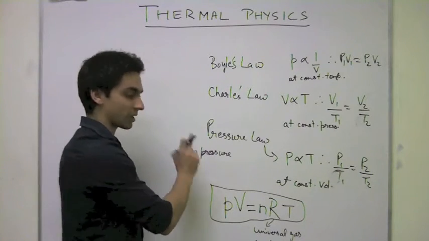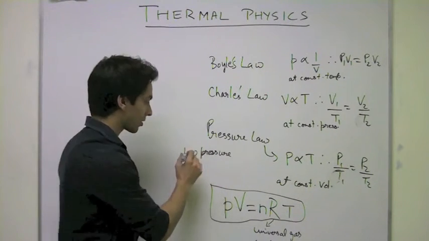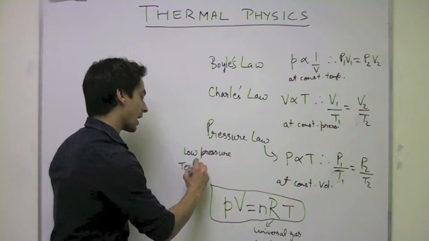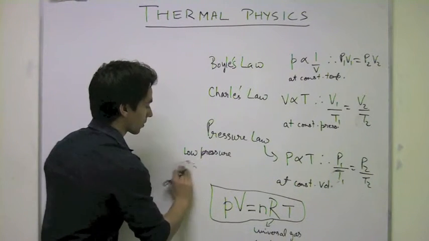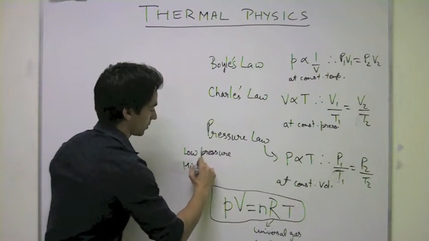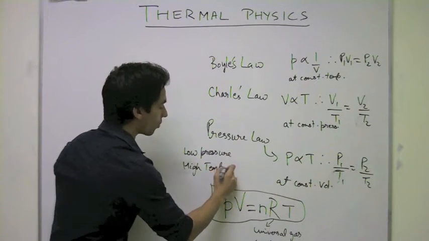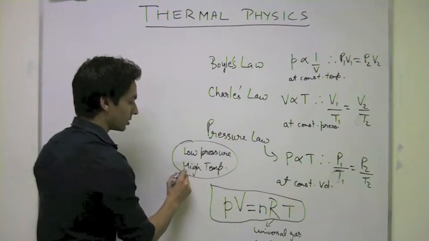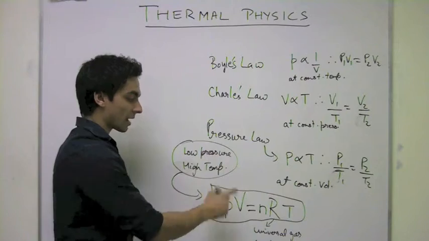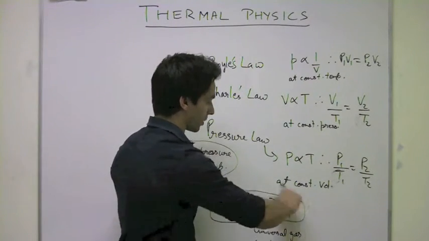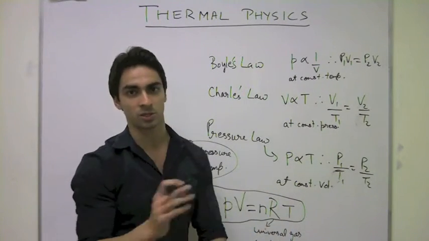Therefore real gases behave like ideal gases at low pressure and or high temperature. So at low pressure and high temperature real gases would follow this, but an ideal gas is a gas which obeys this equation at all temperatures and pressures.